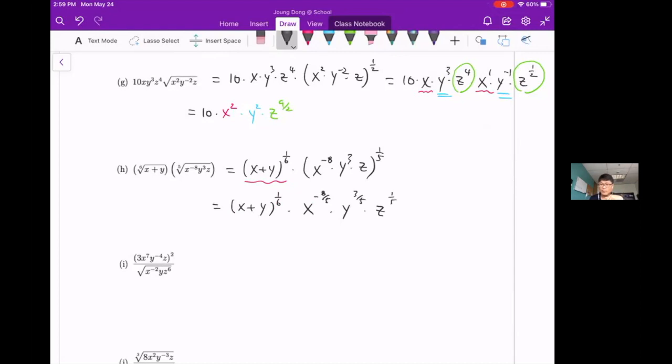It will be your denominator, and that's it, okay? So the answer is x plus y to the 1/6 times y to the 3/5 z to the 1/5 over x to the 8/5. Okay, whenever you move a term from numerator to denominator with negative power, you just change the sign of your power only. Okay, and that's it.